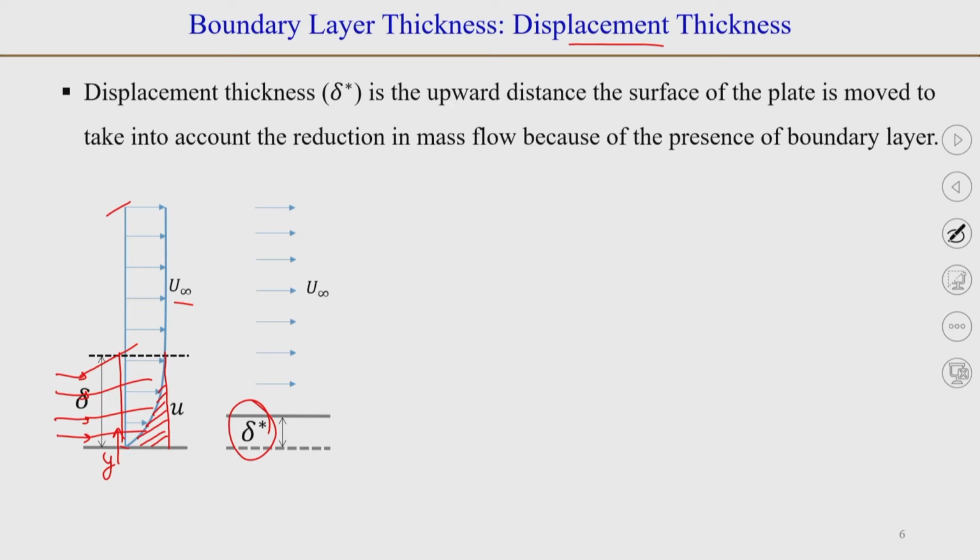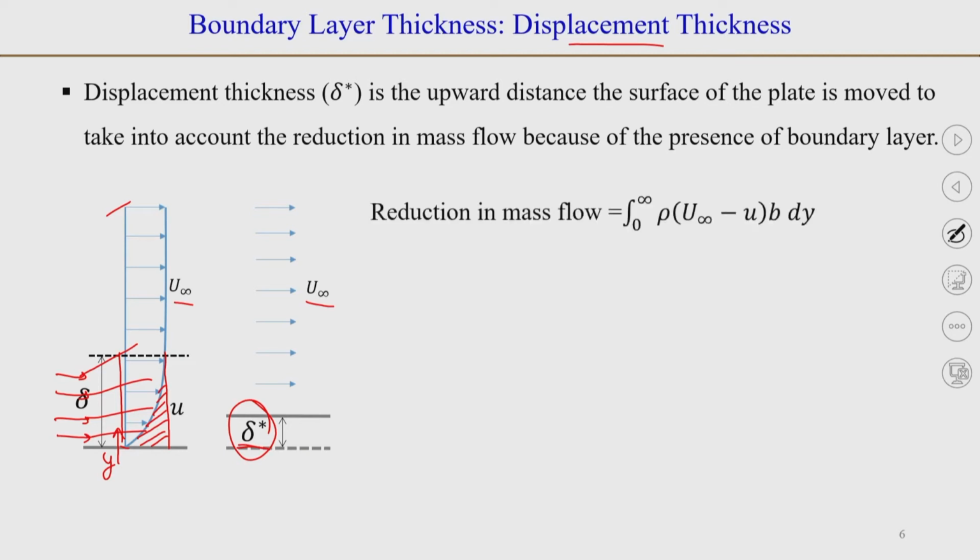So, displacement thickness is basically that if we assume that the flow is uniform, and we have moved the plate by a certain distance, and that distance is delta star, so that the flow everywhere has a velocity u infinity. So, you can consider that in place of the presence of a boundary layer, the plate has become thicker, by a magnitude delta star.